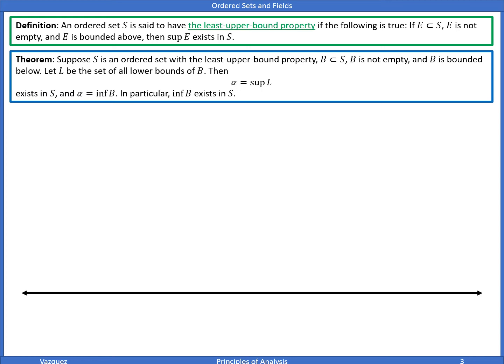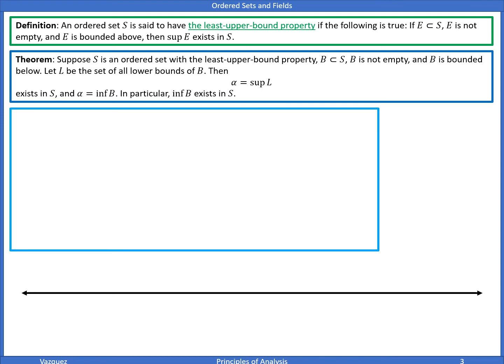So to prove this, I'm going to draw a real line to help us. We're not doing analysis on the real line, but a real line can help us just to illustrate it. First, since B is bounded below, L is not empty, right? There's at least one lower bound, where L is the set of all lower bounds. So there's at least one, meaning L is not empty.